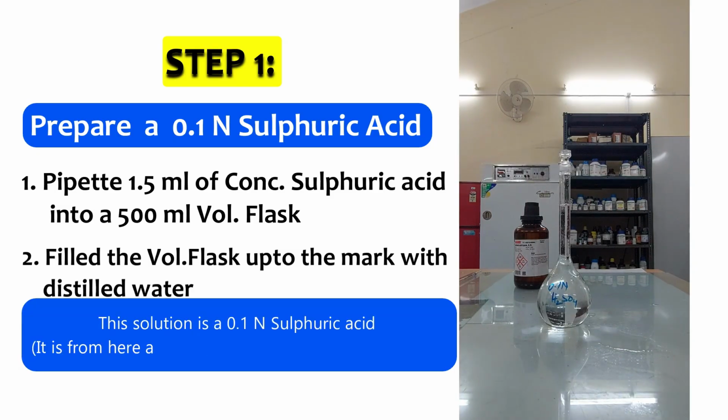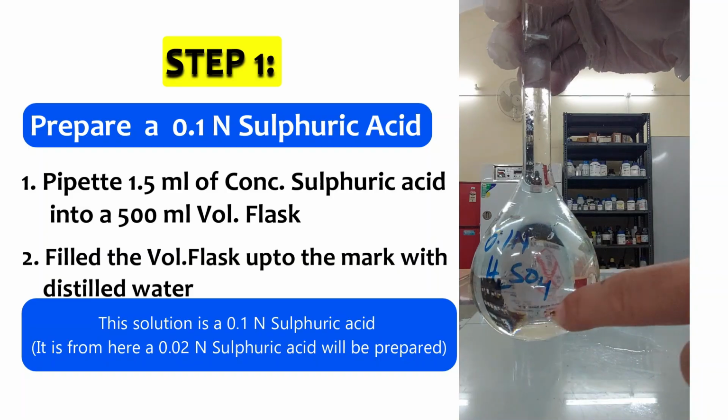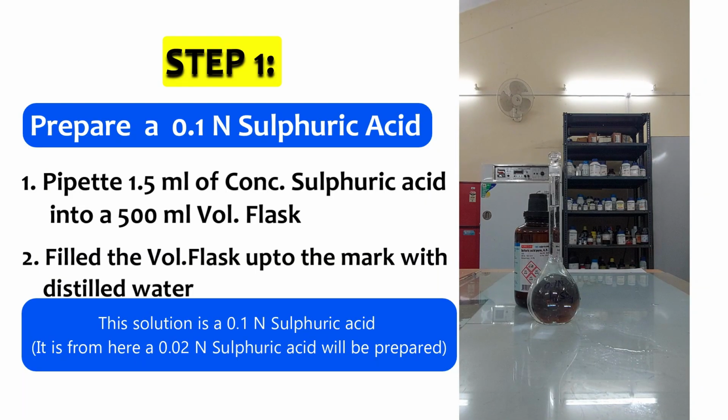Then the solution prepared is a 0.1 normality sulfuric acid. And for your information, it is from this solution that a 0.02 normality sulfuric acid will be prepared.